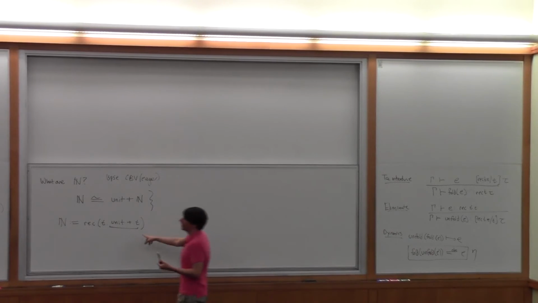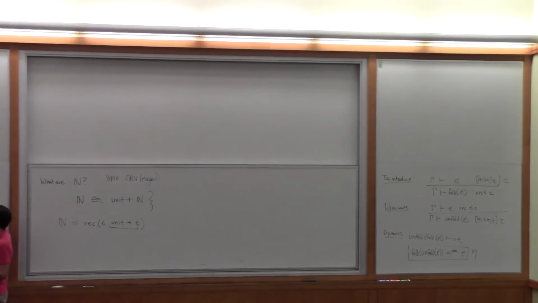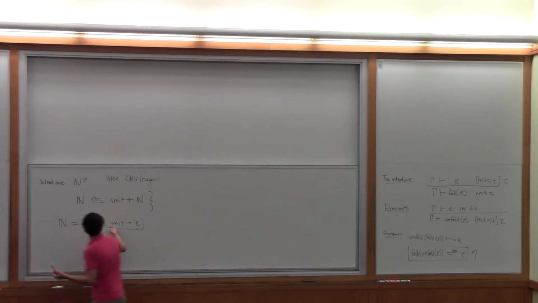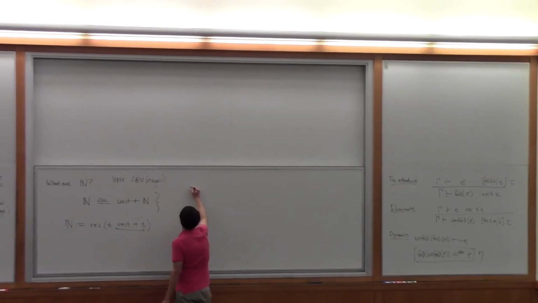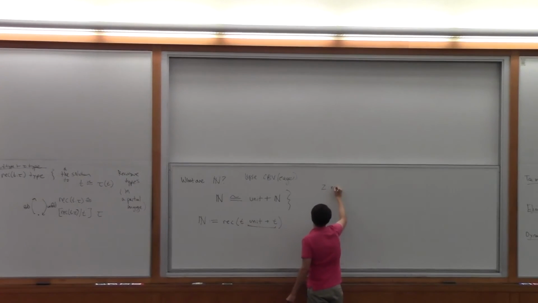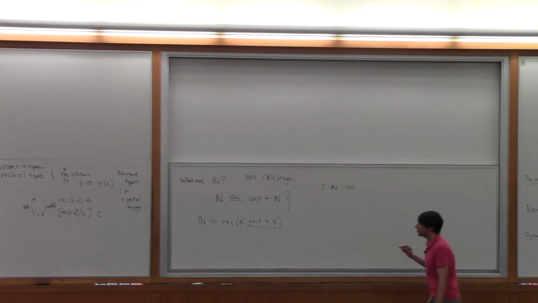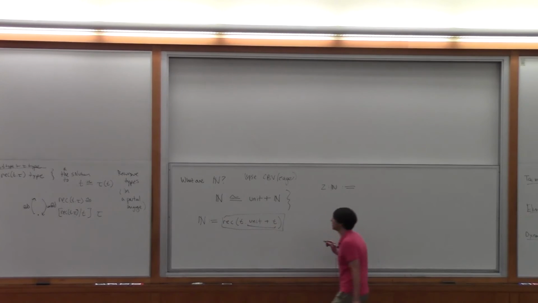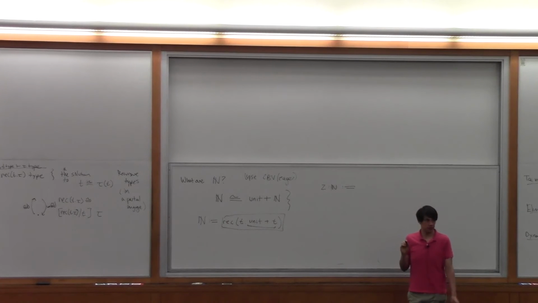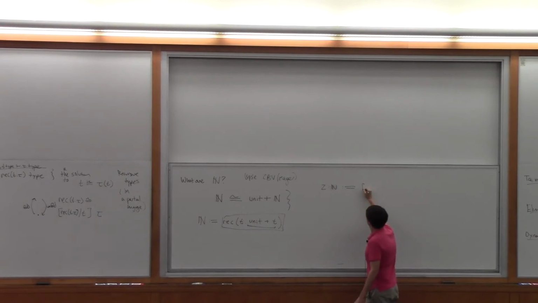And our way of saying the solution to this equation is that. Given that, how do we define 0 of type nat? What value of this type represents 0? Fold of in left of unit.